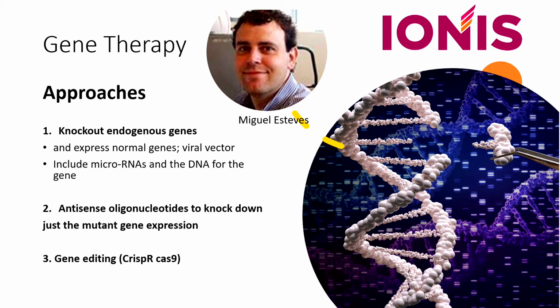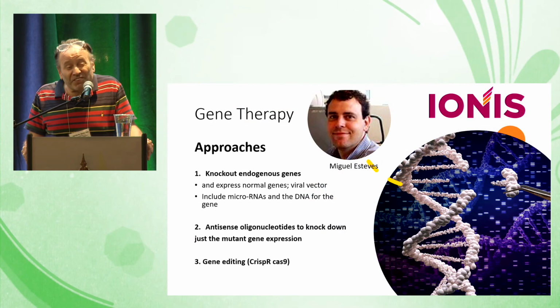And the whole idea of gene therapies, I think most of you probably know, is we want to turn off the mutant gene and replace it with a normal gene. So this is a matter of coming up with a certain kind of viral vector.